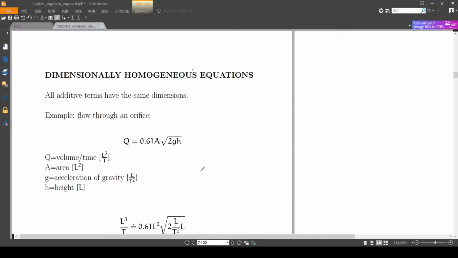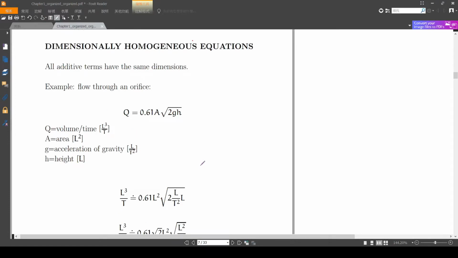Then the next part is the dimensionally homogeneous equations. This is a very important property when we want to analyze the dimension, the homogeneous property. This means that the dimensions of the left side of the equation must be the same as those on the right side.